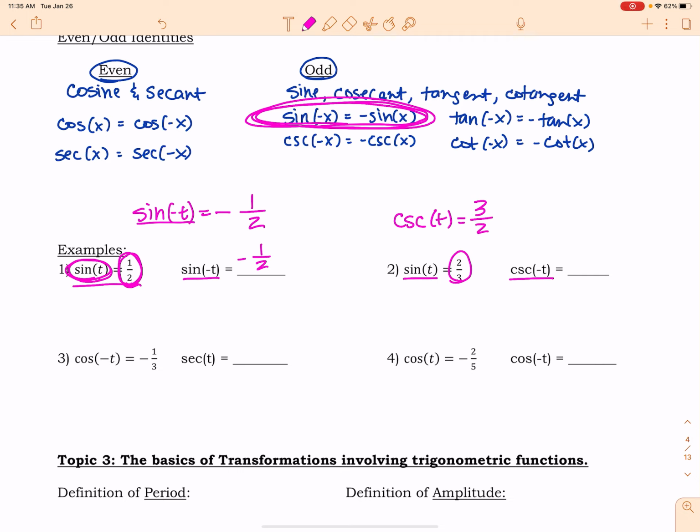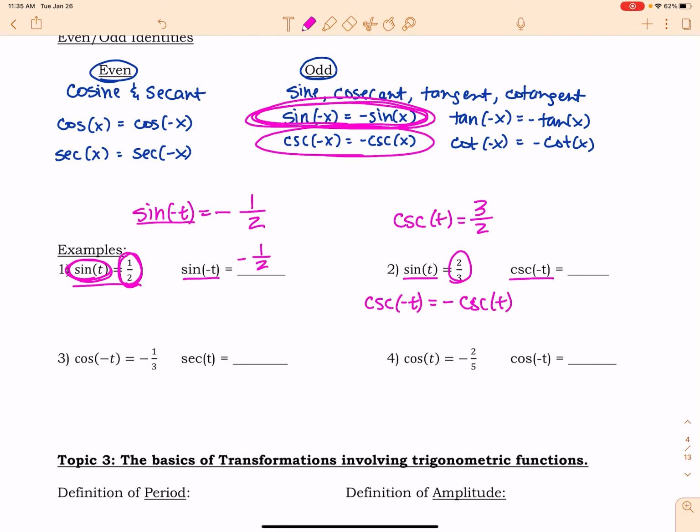So that's going to be 3/2. That's where I'm going to start. Now I can use this identity right here. I know that cosecant of negative t, which is what I want, is equal to negative cosecant of t.